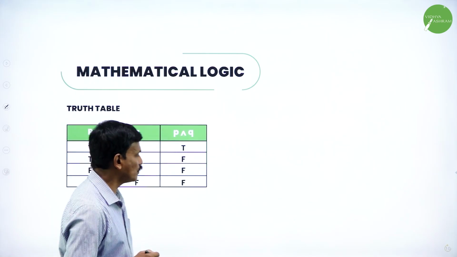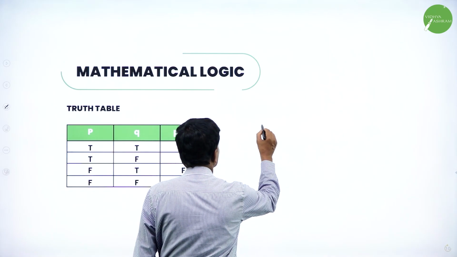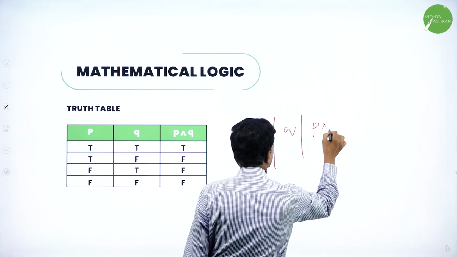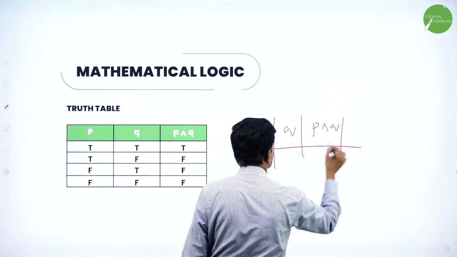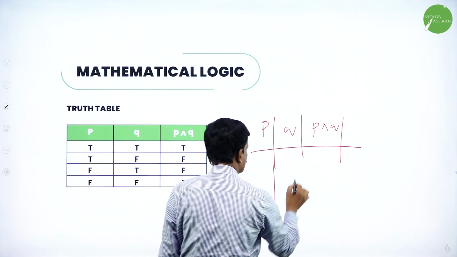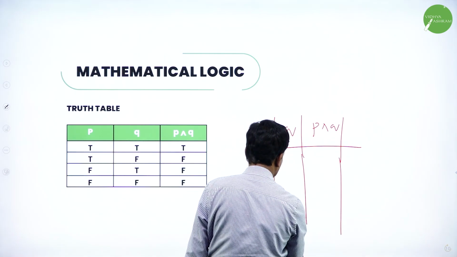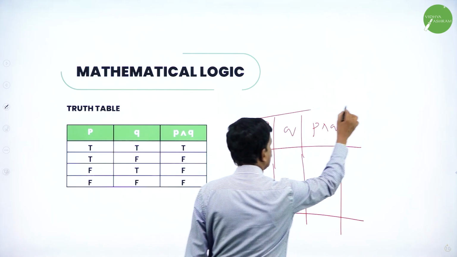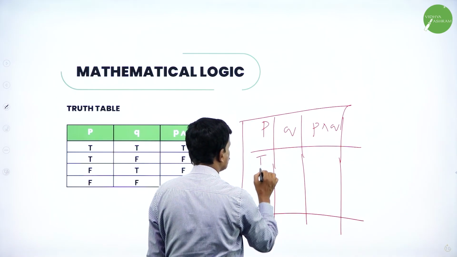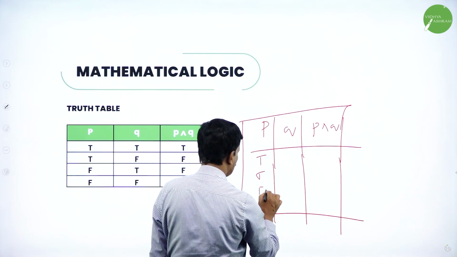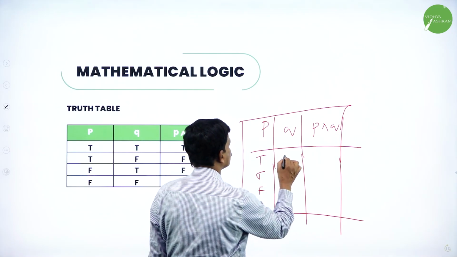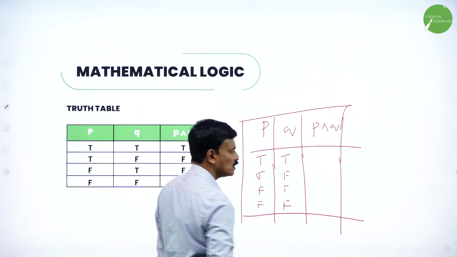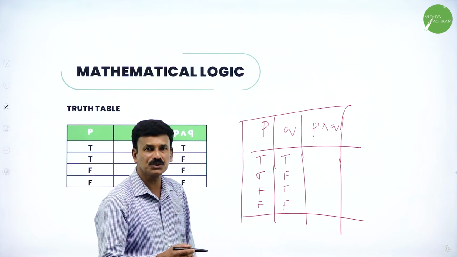Write down the truth table for conjunction: P, Q, then P ∧ Q, which means P and Q. The elements of P are taken as first two true, true, then false, false, and for Q alternately true, false, true, false.